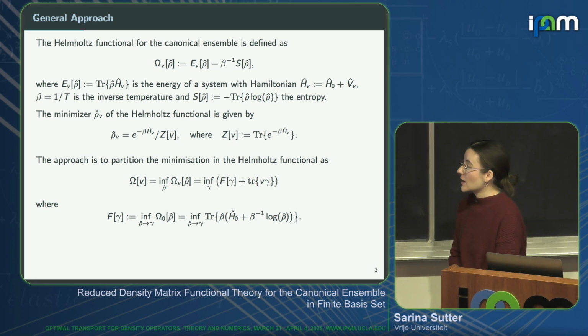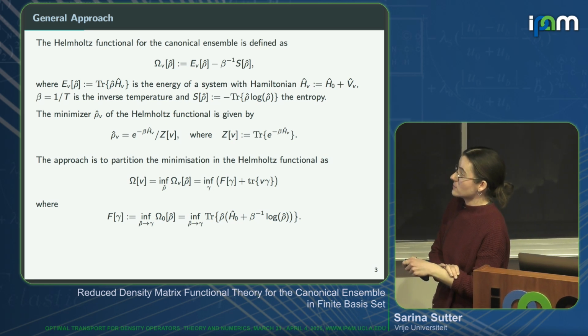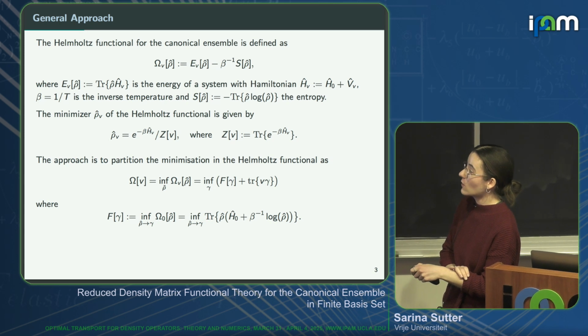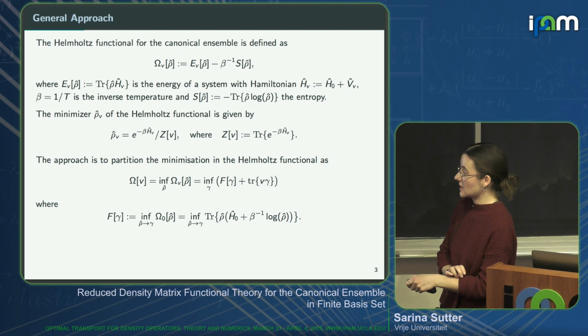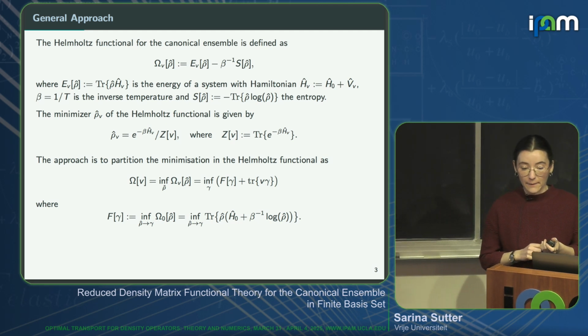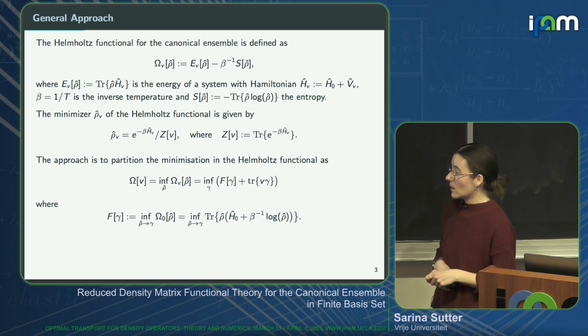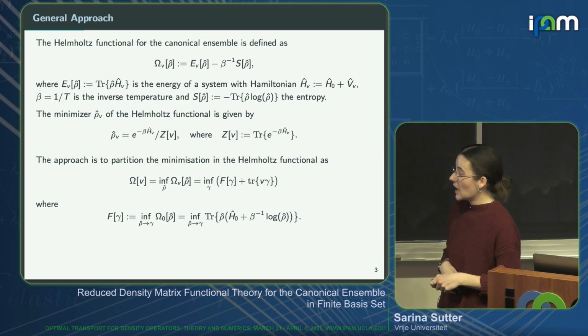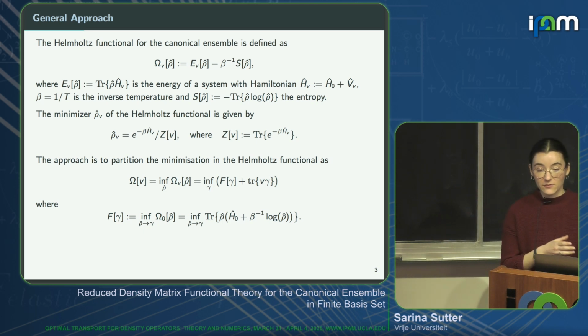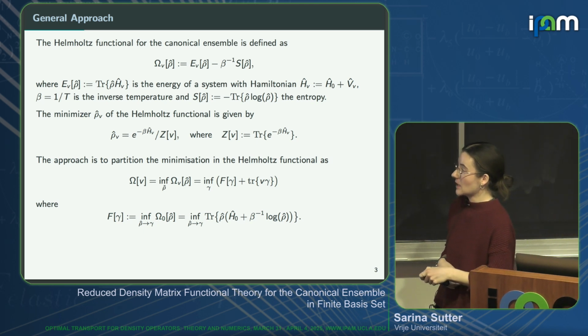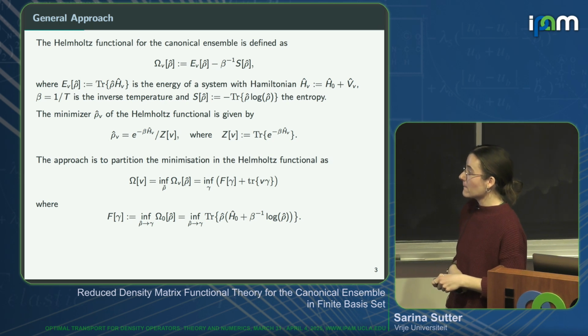Instead of minimizing this whole functional over all density matrices as is done here, we can split this minimization: first minimizing over all 1-RDMs, and then minimizing over the density matrices which produce this specific 1-RDM. This is the same.